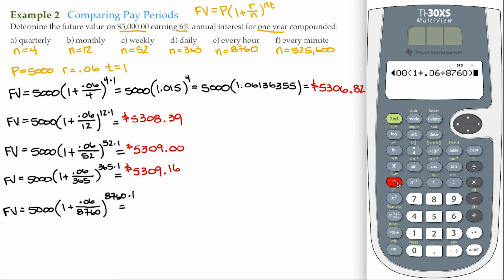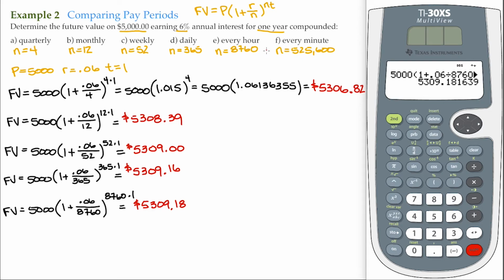Then I'm going to raise it to the 8,760th power. So now we have $5,309.18. Look at that. Only a difference of 2 cents.